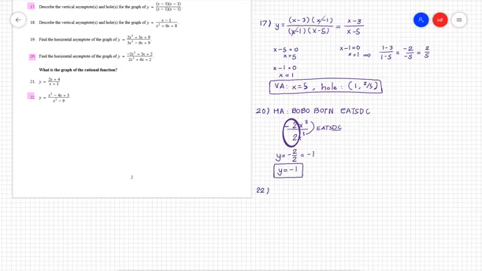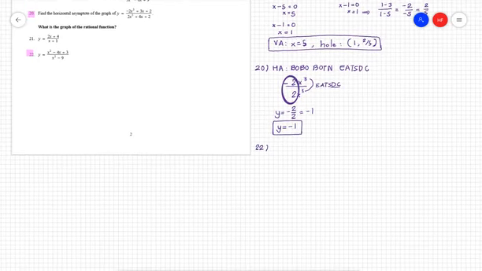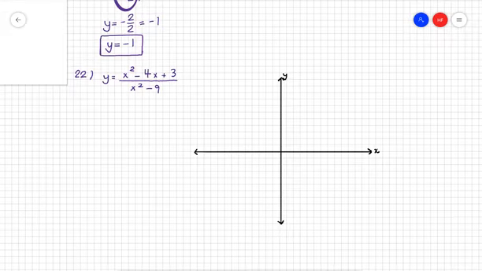On 22, we want to graph the rational function. So I went ahead and sketched out a little coordinate plane over there on the right. In order to graph our rational functions, we need to factor, if we can.